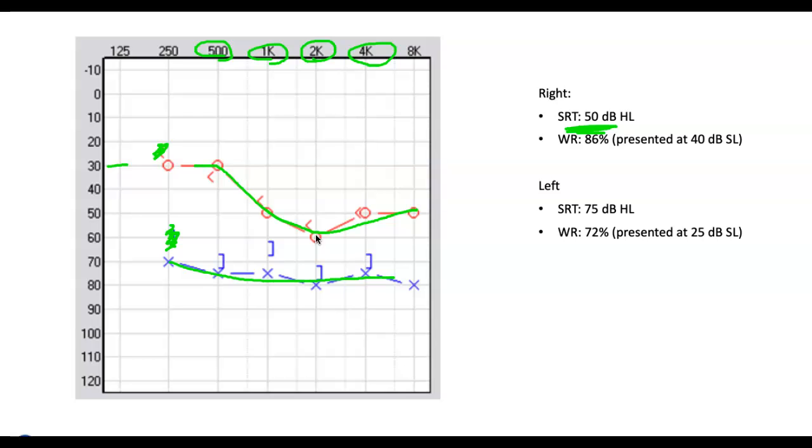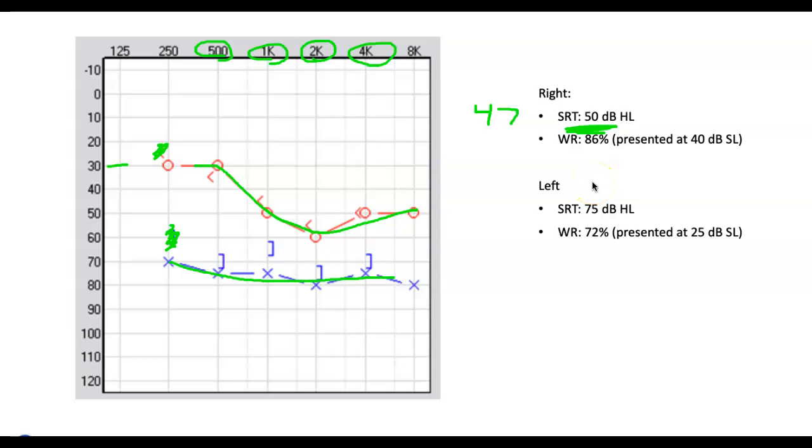So we're at 30 plus 50 plus 60. 140 divided by 3. That gives us 46.7 or 47. A pure tone average of 47. So that's in alignment. That's within 10 of the right SRT.